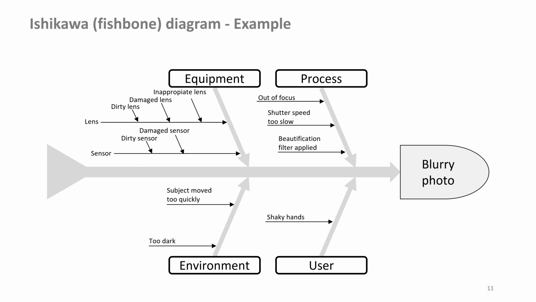For our equipment, a dirty sensor could play a role. For the environment, the evening darkness or shadows could play a role because it is too dark to take a good photo. Based on this, we can now identify possible courses of action for solving the problem or achieving the goal.